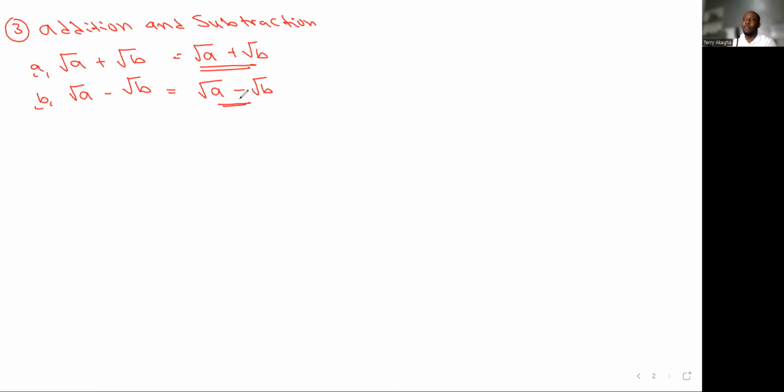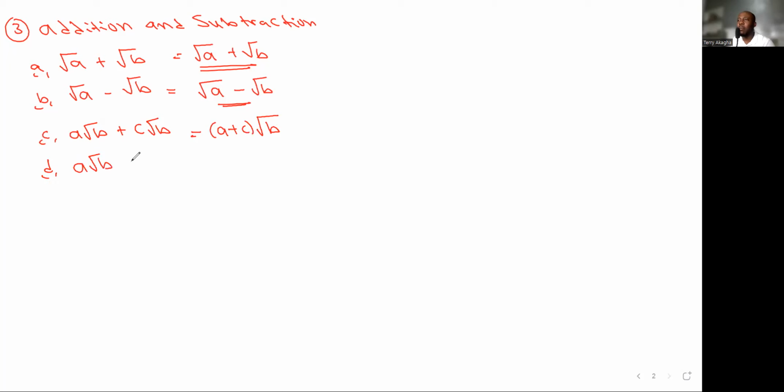But this is different when we have the same surds. So let's say we have A root B plus C root B. You can see in this case that both surds are the same. So what you do, you add the rational numbers together, A plus C, and that will give you root B. The same thing applies if it's a negative as well.